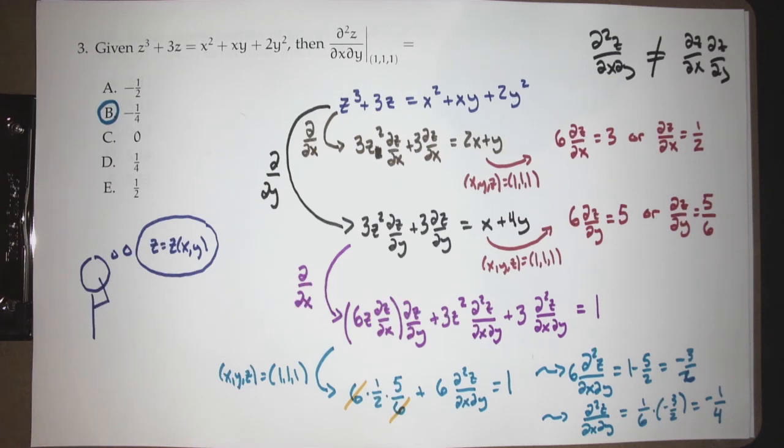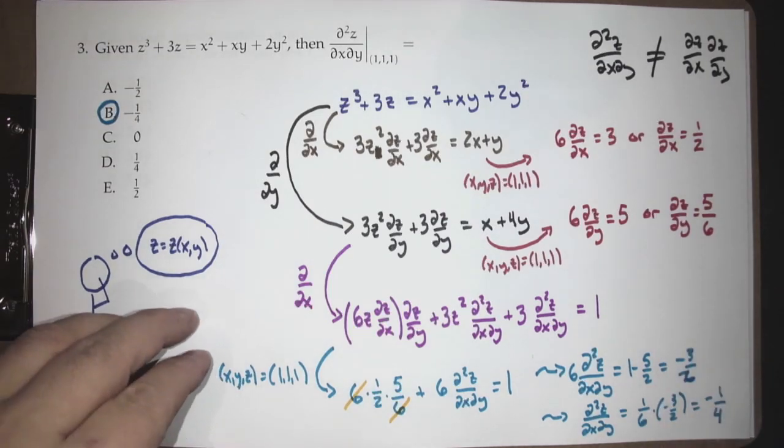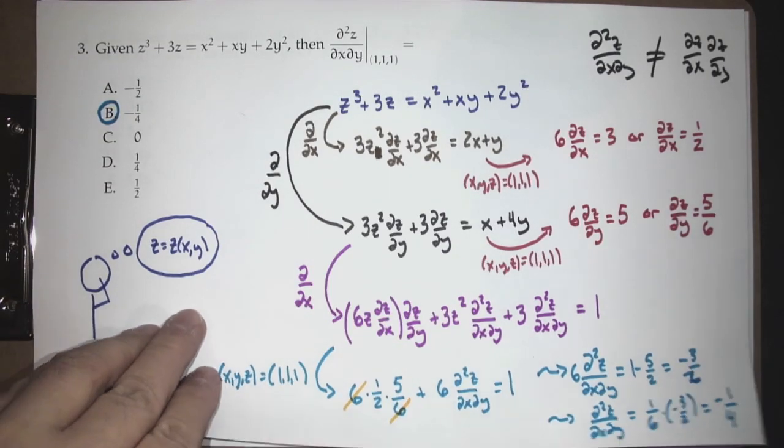So if you want to solve, you can, and then take a derivative, but that introduces its own kind of headaches. So there's other ways to go about doing this. And contrary to popular belief, we do understand there are other ways of solving problems, and we do give credit for them. If it's a really exotic way to solve a problem, you may have to come talk to us, but we'll still give you the credit.